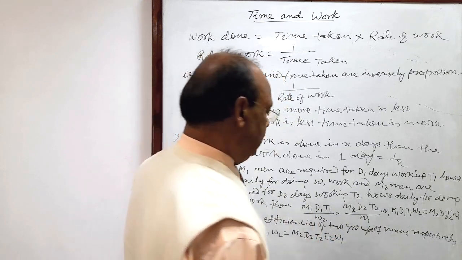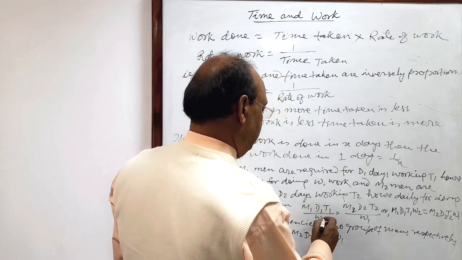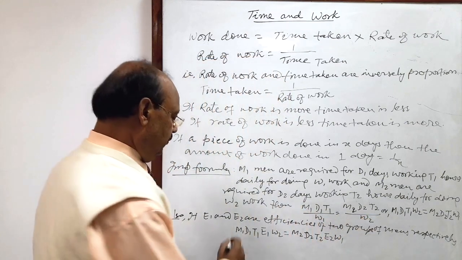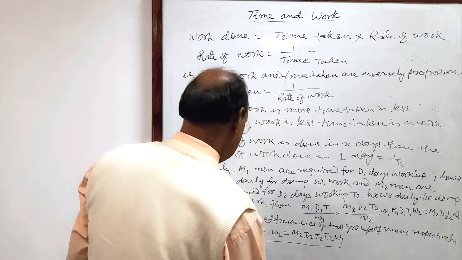We need a correction here: there was a mistake, it should be W1 and W2 as written. So we have to remember this very useful formula.